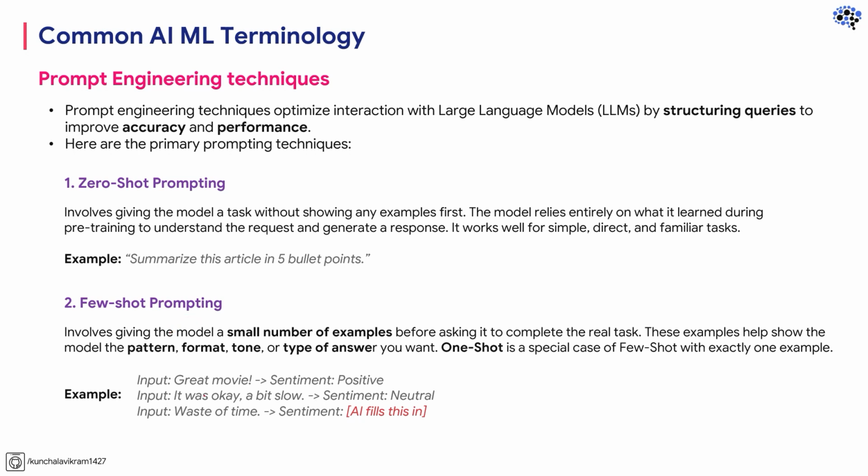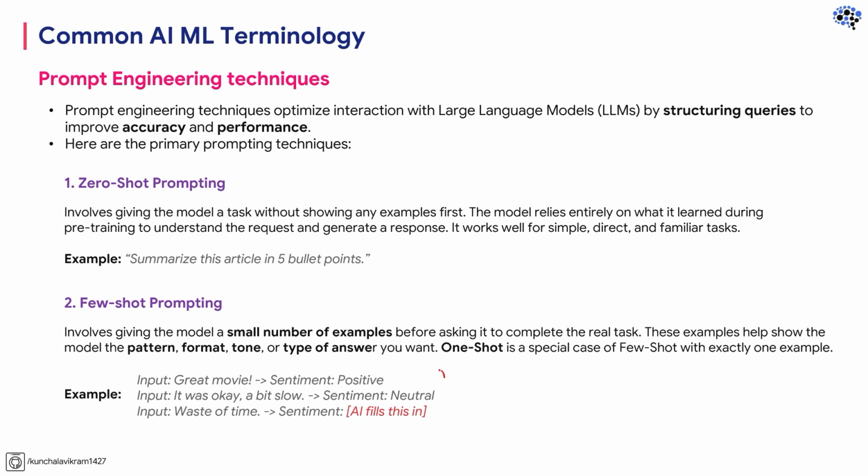Now coming to few shot prompting, this involves giving a model a small number of examples. For example, I'll say to my model, if someone says great movie, you can just say it is positive. If the input is it was okay, a bit slow, then I can ask my model to think of this sentence as a neutral sentiment. Now if someone says it is waste of time, you know.